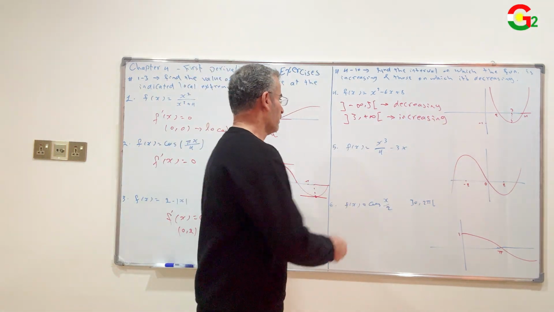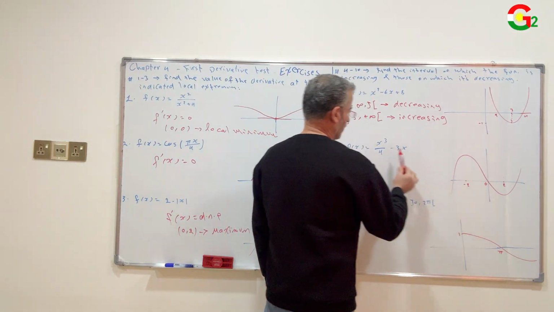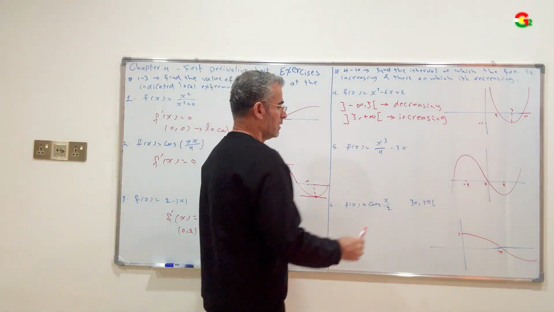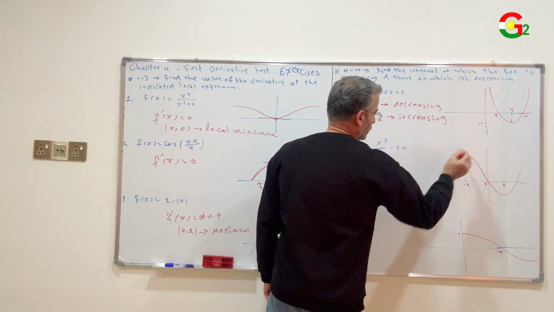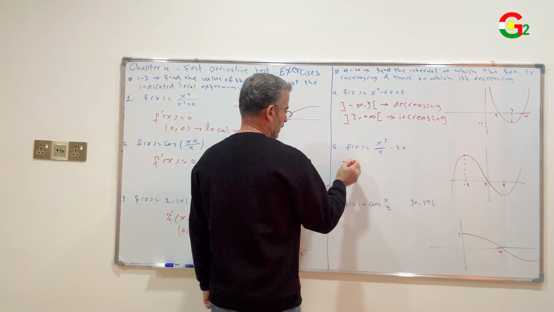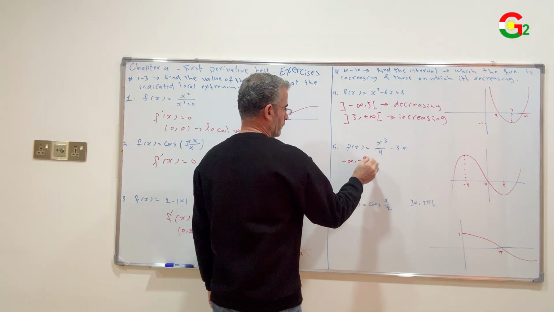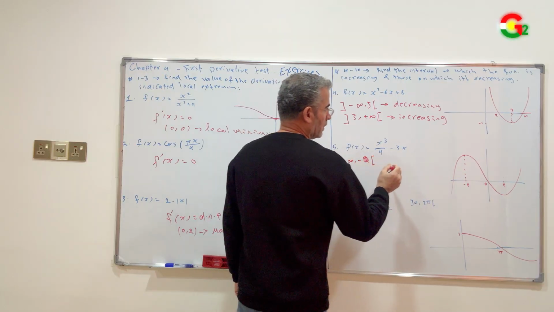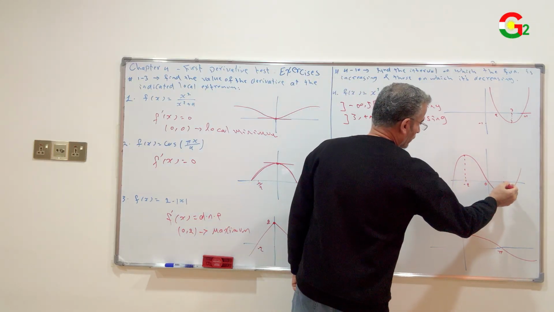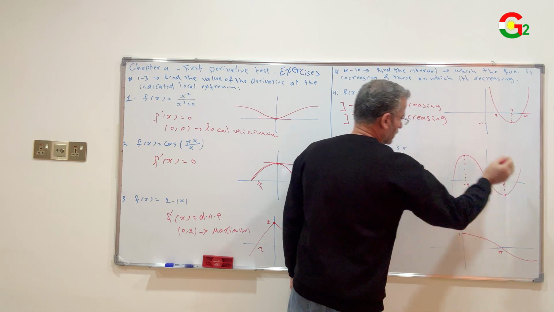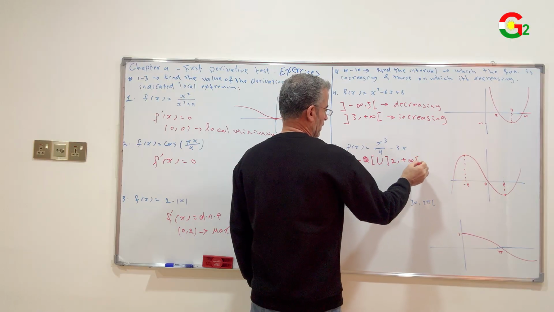Question number 5, f of x equals x power 3 over 4 minus 3x. This is the graph of this function. It is given. The function is increasing from negative infinity to negative 2, and from 2 to positive infinity also the function is increasing.